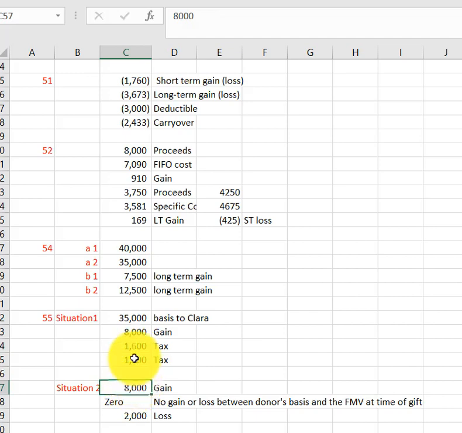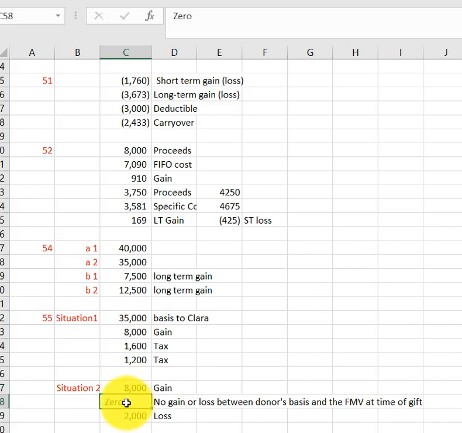If instead of the $35,000, the fair market value at the date of the gift is 30, which is lower than her Aunt Sonia's basis, then we're going to have a little different scenario. If we sold it for 43, we actually end up with the same scenario: $35,000 basis, we sell it at a gain, the difference between 43 and 35.